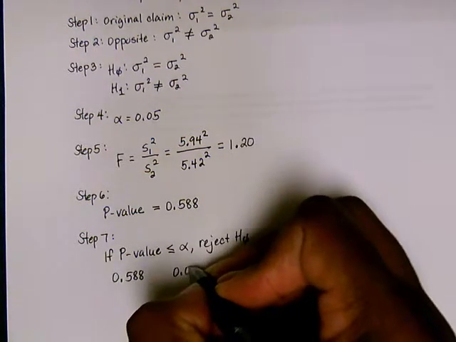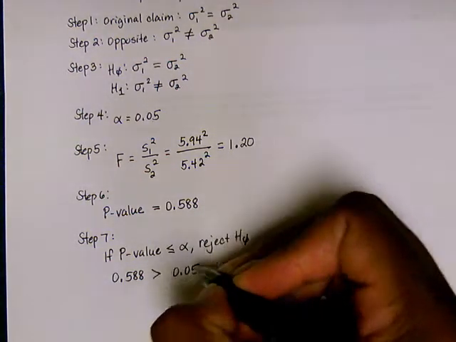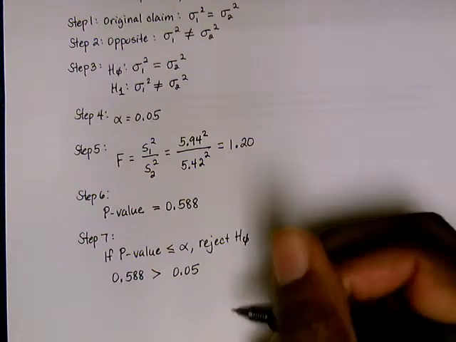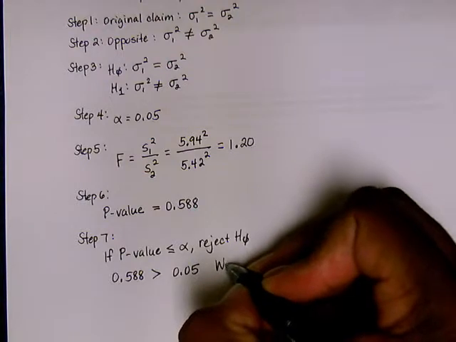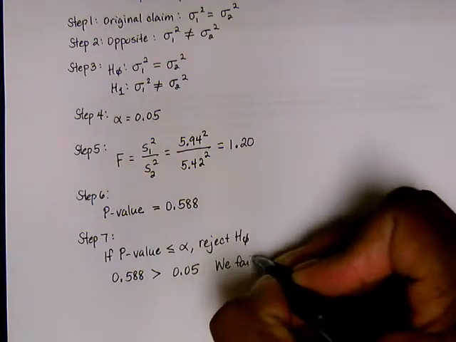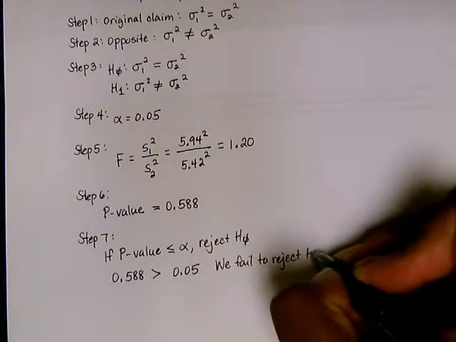The alpha level there was 0.05. As you can see, 0.588 is greater than 0.05. This decision rule is not satisfied, so that means we fail to reject the null hypothesis.